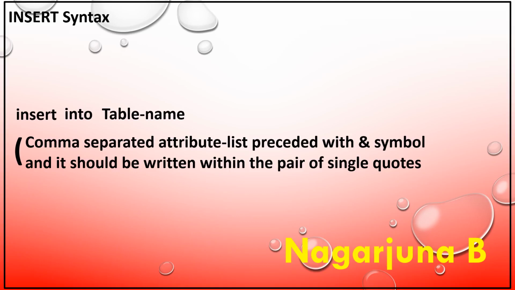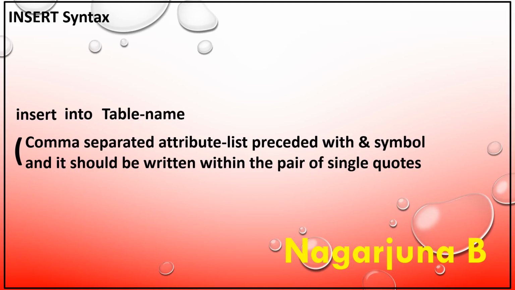Each attribute is preceded with an ampersand and written within single quotes, in the same order which you considered at the time of creating the table by using the create table command, as I explained in the previous video.